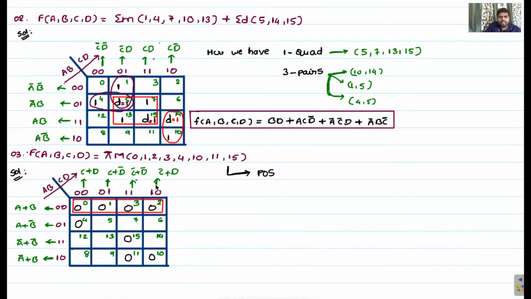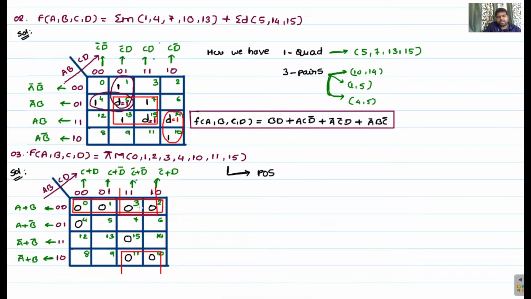And next, if you observe 2 3 and 10 11, the 2 3 square boxes have zeros and 10 11 also have zeros, and the 1 1 column and 1 0 column are both adjacent columns, so I will make one quad here. How do you form it? Here you observe 10 comma 11. This is one pair and this is another pair. By combining 2 3 10 11 we get one quad.